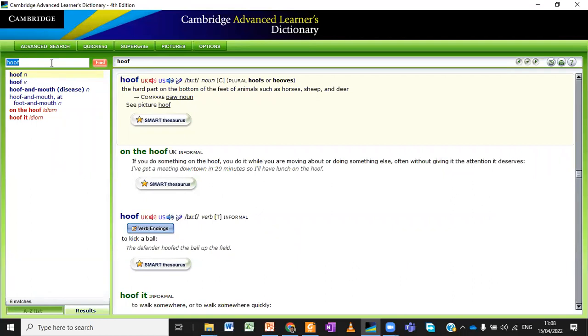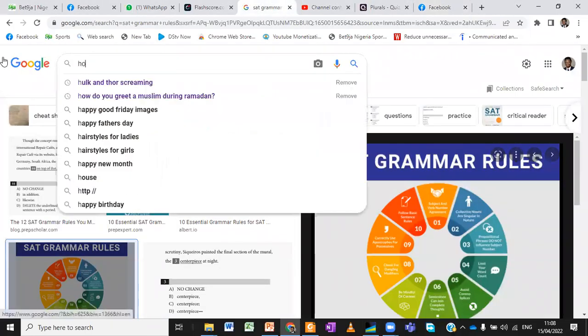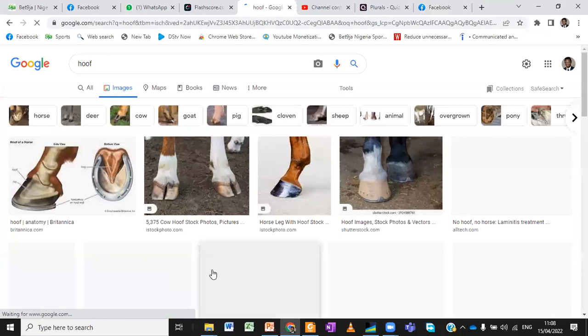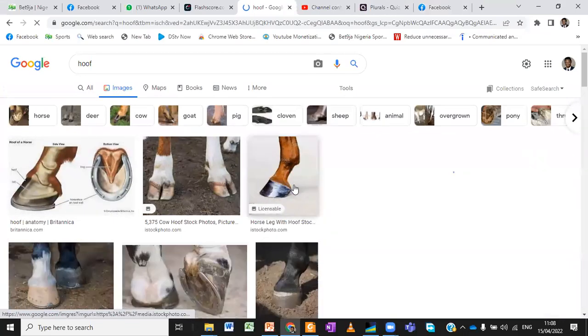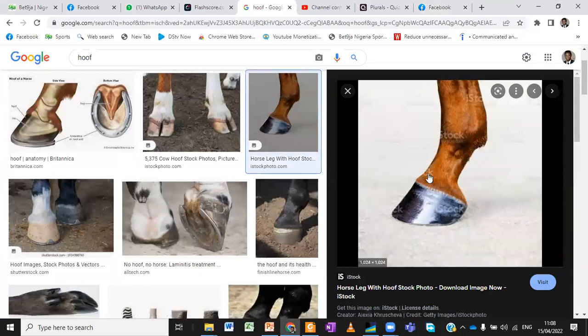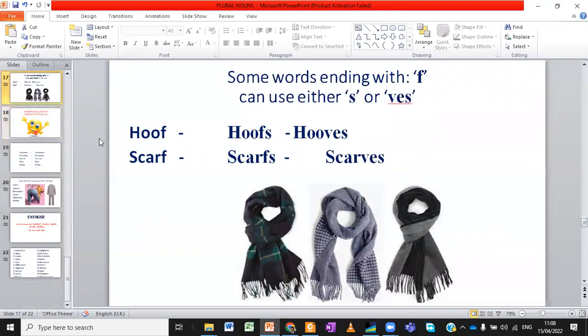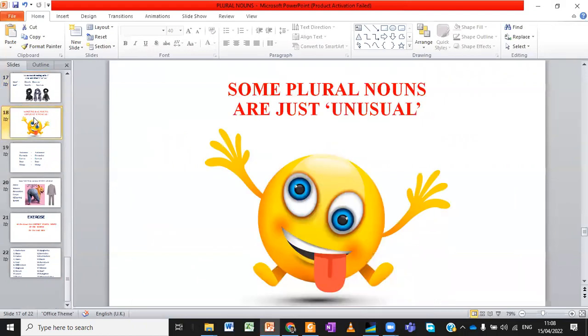Let me see if there can be a picture. The hoof is the shoe. Yeah, you see this now? So that's the hoof, okay? You find them in horses, mostly cows. Scarf, you can spell scarves or scarfs. Both of them are correct, okay?